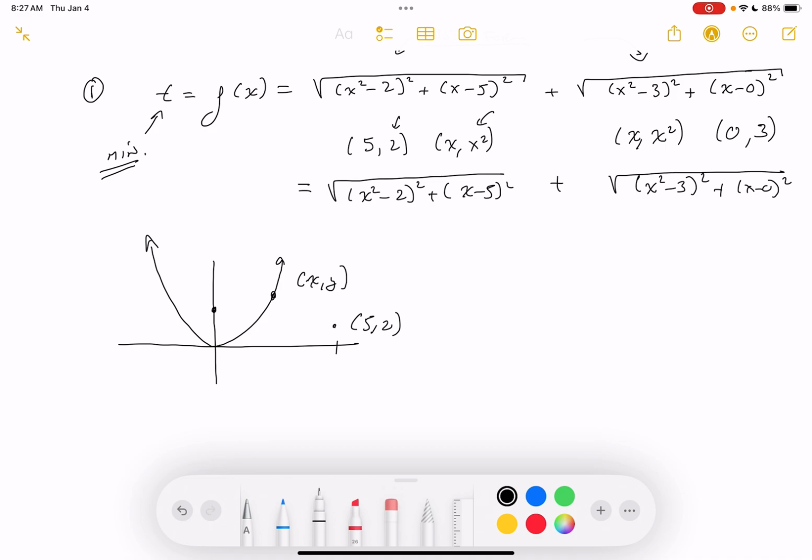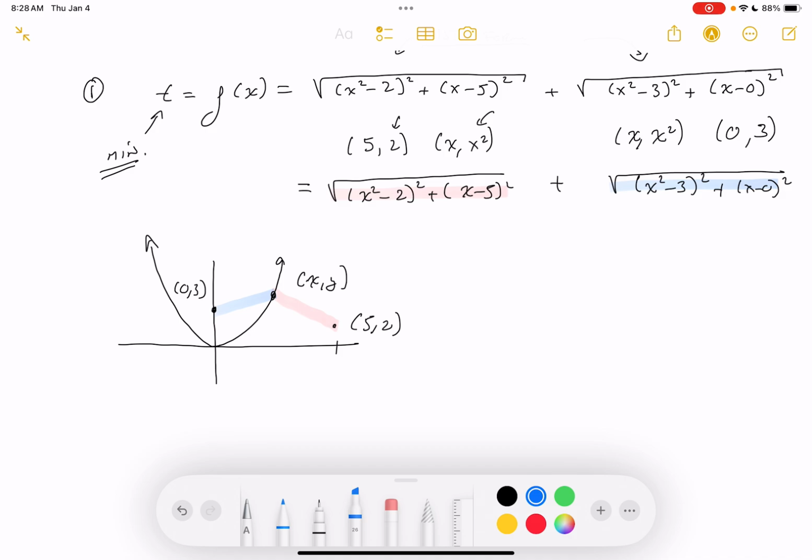Again, this is an abstraction of what I'm trying to think about. So 0, 3. All right. And what I'm going to claim over here, looking at it, is that this thing here represents this distance here. And this thing here represents this distance over here.